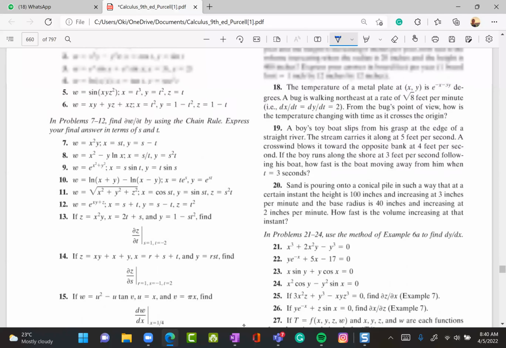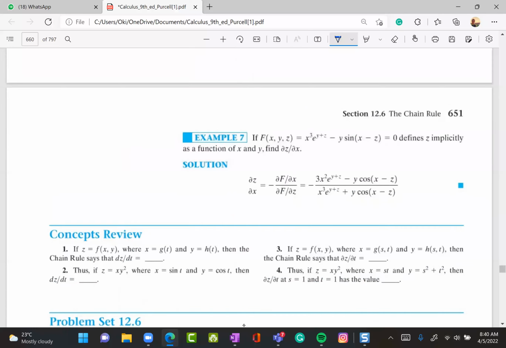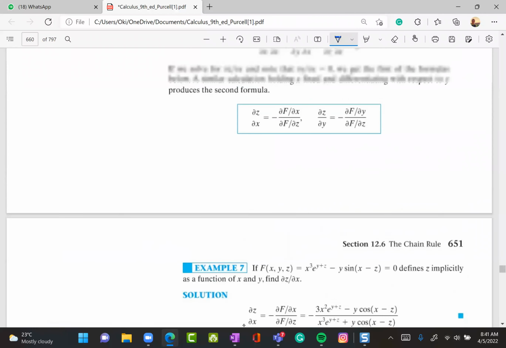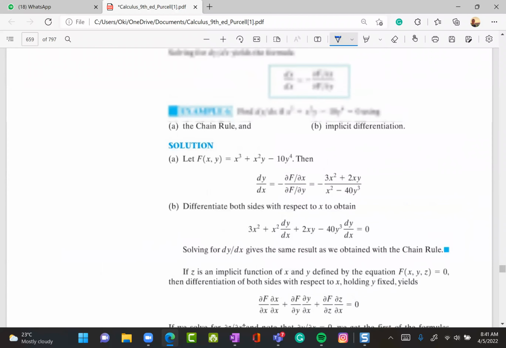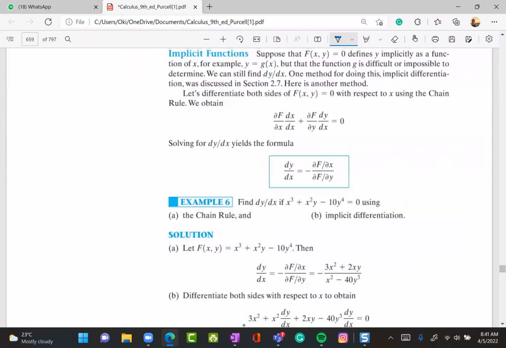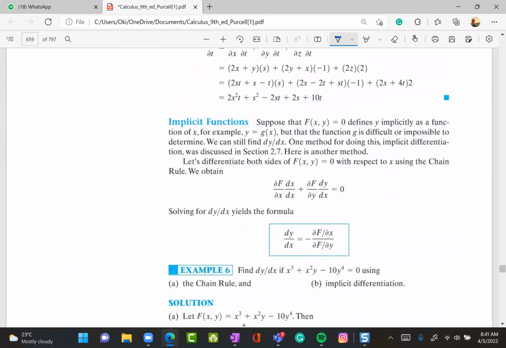Okay, let's go back. I'll just go over quickly the implicit functions. Here we go.